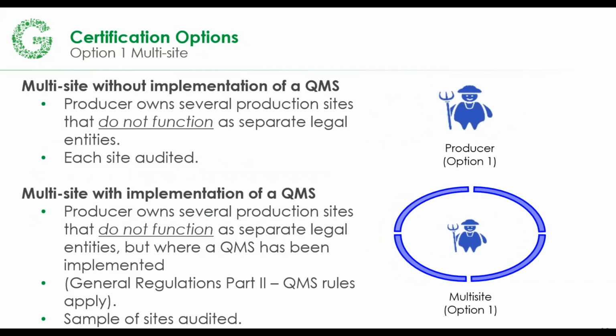As we mentioned earlier, there are ways to have a QMS within an option 1. This would be if a producer has what we call a multi-site. So 2 different versions of a multi-site would be one with a quality management system and one without. So this would be in an option 1 without implementation of a QMS. A producer has multiple production sites.